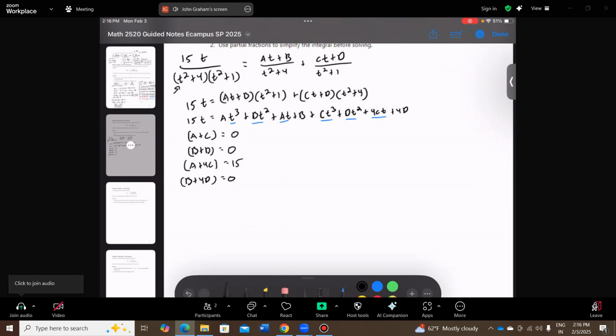Alright, so we have to find what we can so we can put things together here. So here we have a relationship, a equals negative c.